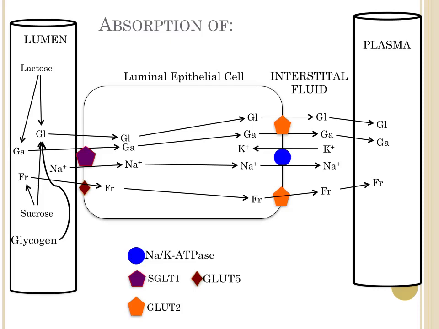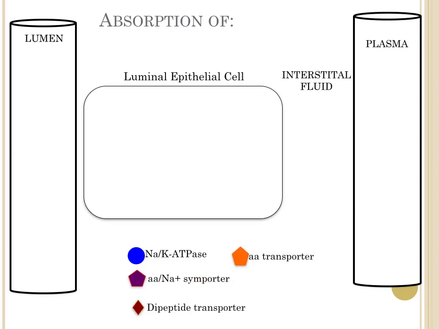We're going to talk about hydration issues. The number one reason why we add glucose or a glucose substitute and salts into sports drinks is because when it absorbs, water is going to be following along with it.